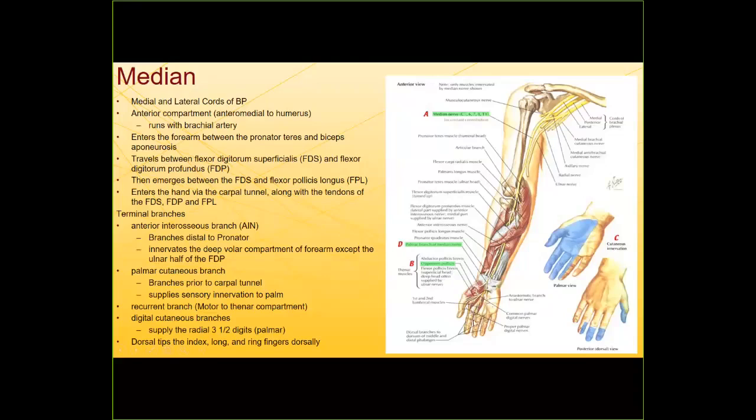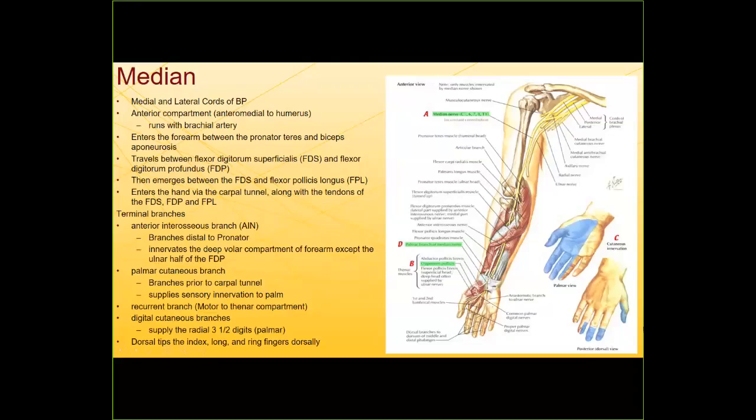So it's going to bifurcate before it gets to the finger, split off, and then it sends off a branch to the outside of the index finger and to the inside of the index finger, and those are called the proper digital. Okay, so it goes common, and then it splits and sends off a branch to each side of the finger, and those are the proper digital cutaneous branches of the median nerve.